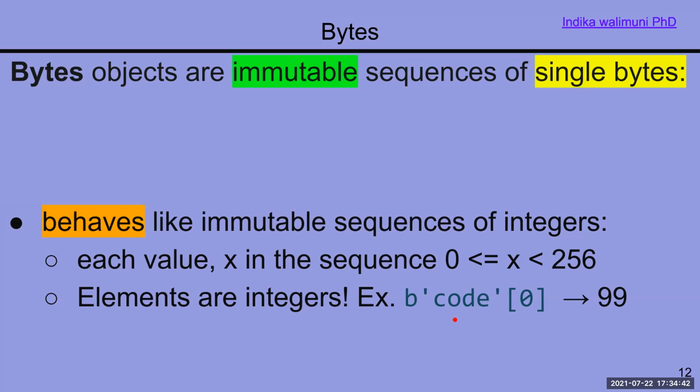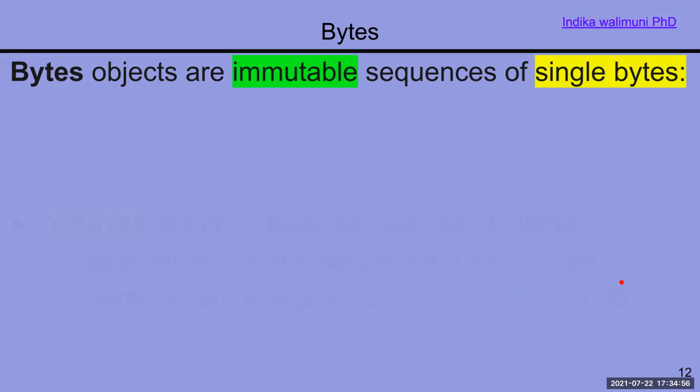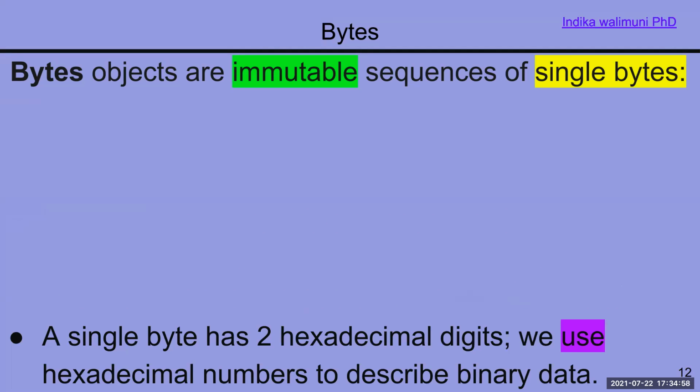If you take the b'code' byte literal, the first item returns 99. Since we have two hexadecimal digits for one byte, we can use hexadecimal numbers to describe binary data.